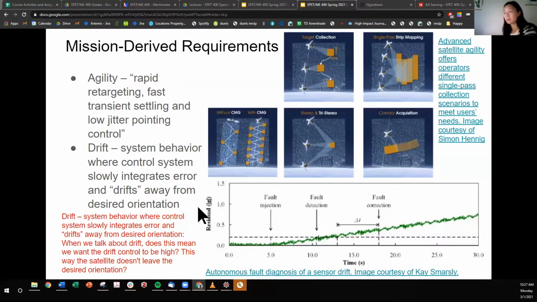So to compensate for drift, we have these two methodologies of making sure your sensor estimate, your attitude estimate, does not drift. I just gave you one mitigation strategy, and you also want to make sure that your control compensation also does not drift. So instead of just trusting that your spacecraft will be at 0 angular momentum, you measure your angular momentum frequently, and then you compensate for it.